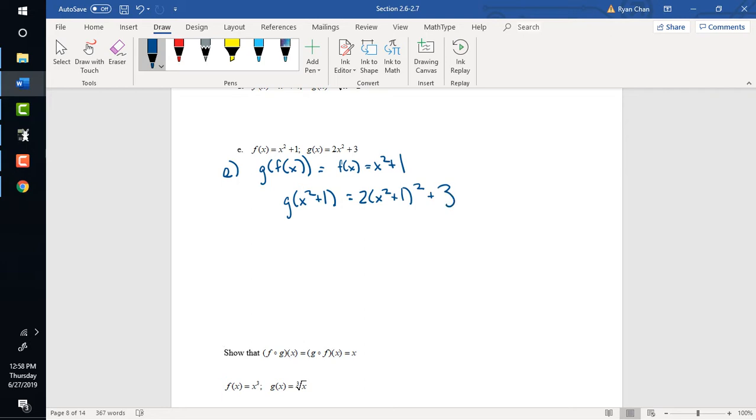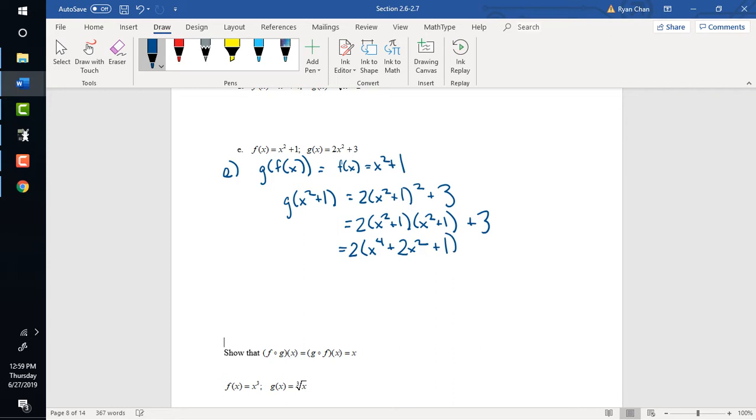So again, think of it as kind of like your outline. G is your outline, and you replace your x with x squared plus 1. Okay, distribute this. So this is x to the 4th plus 2x squared plus 1.